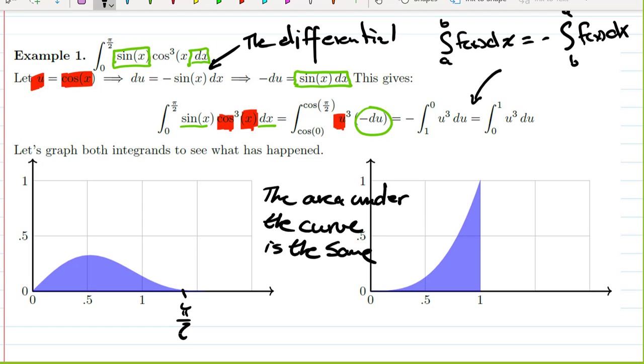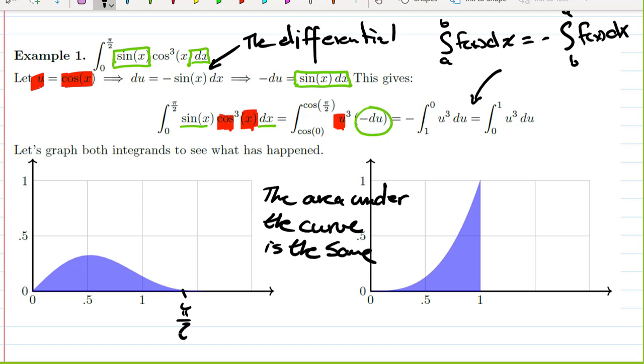So what we're really doing when we do a U-substitution is we are changing the shape geometrically of one curve into another curve. So we transformed the function sine x cosine x on 0 to pi over 2 to a function that has the same area underneath the curve on the interval 0, 1.